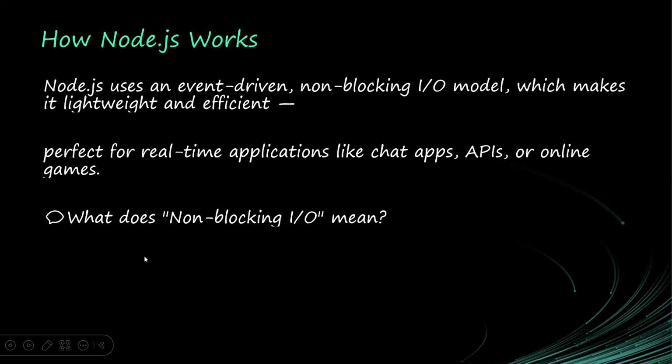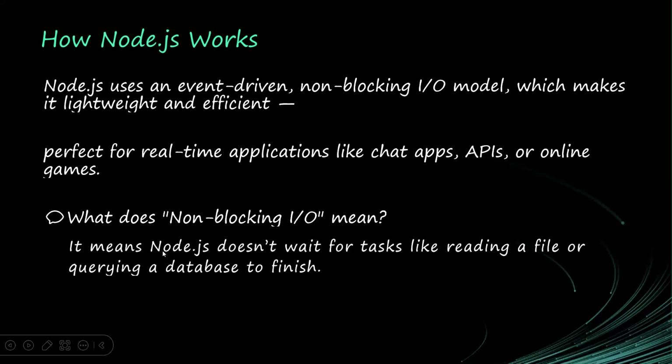So what does non-blocking I/O mean? It means that Node.js doesn't wait for tasks like reading a file or querying a database to finish. So now look at it. If you have written a program before, you know that your code is read from top to bottom. So the JavaScript engine will execute the code from top to bottom, line by line. Now, what if one of the lines of code is to read from a file?